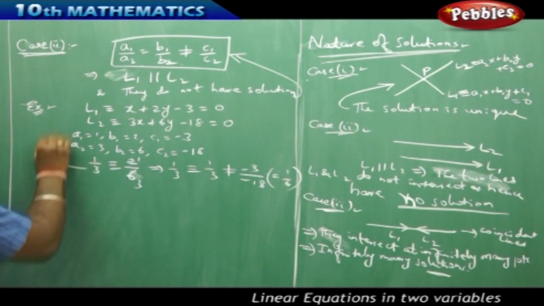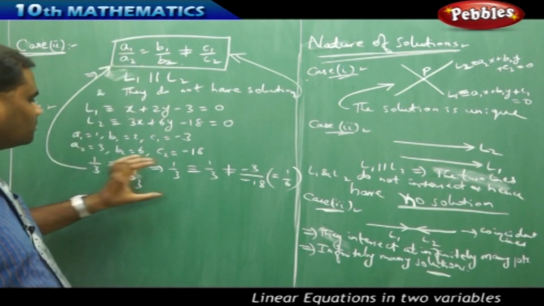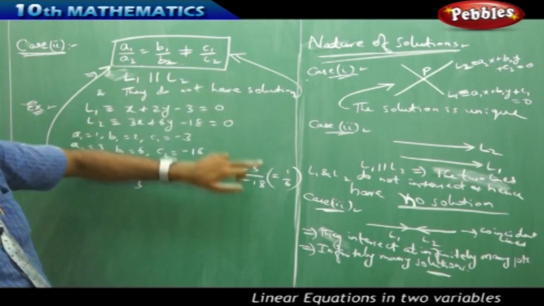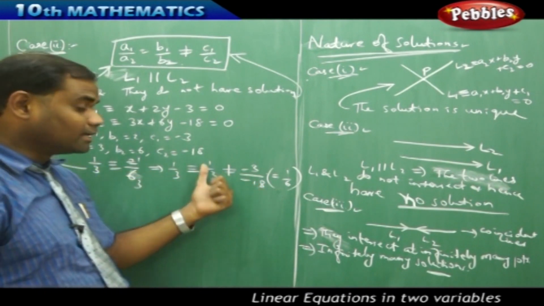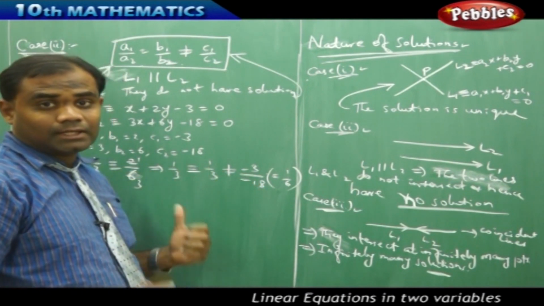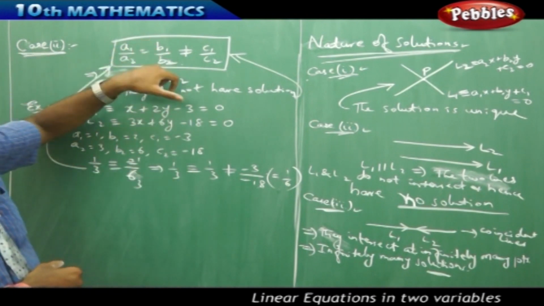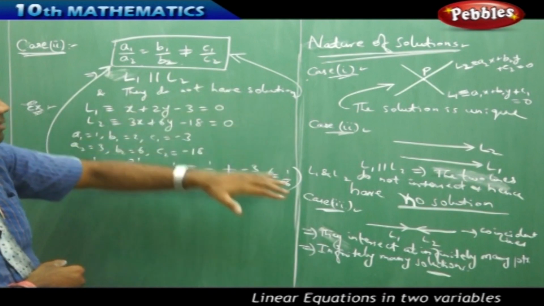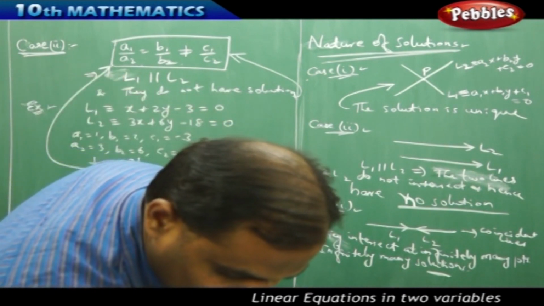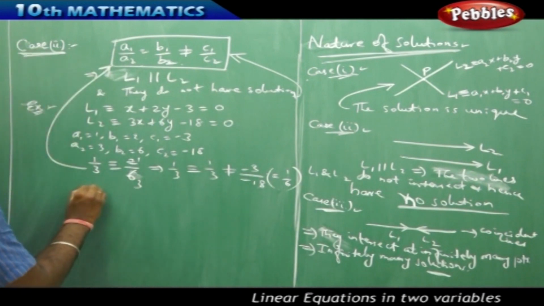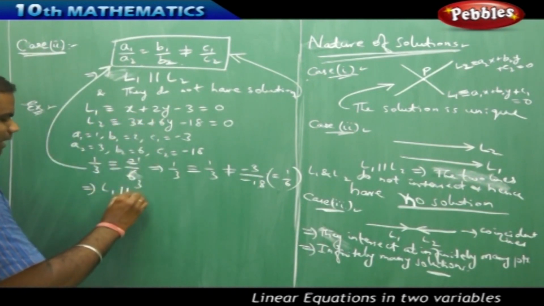Therefore, this clearly satisfies the condition a1 by a2 equal to b1 by b2, not equal to c1 by c2, which gives 1 by 3 and 1 by 3, versus 1 by 6. Therefore, I can say that the two lines given in the example problem are parallel.